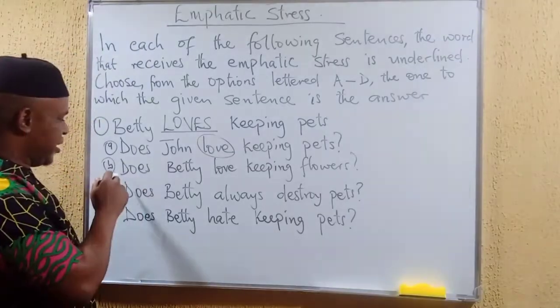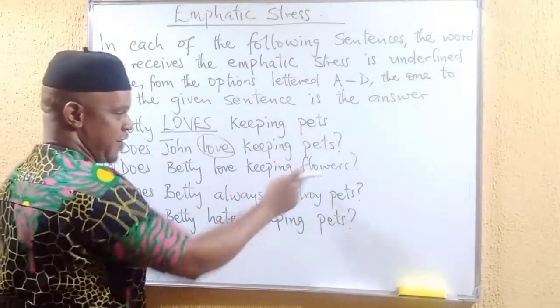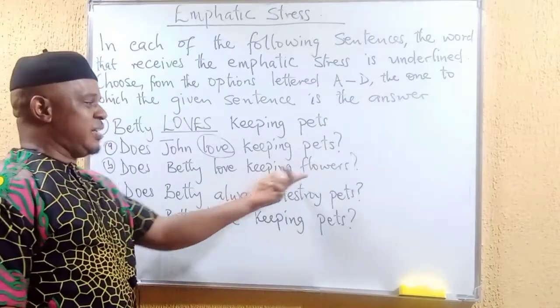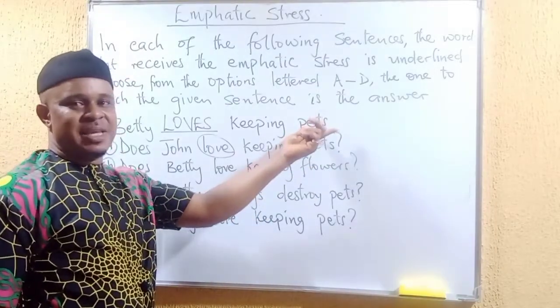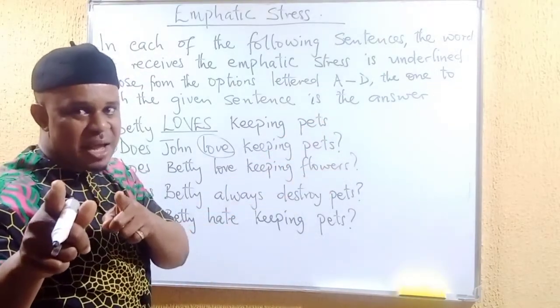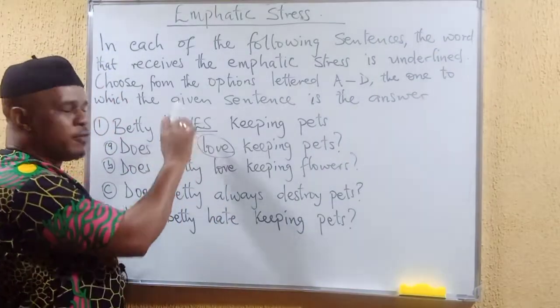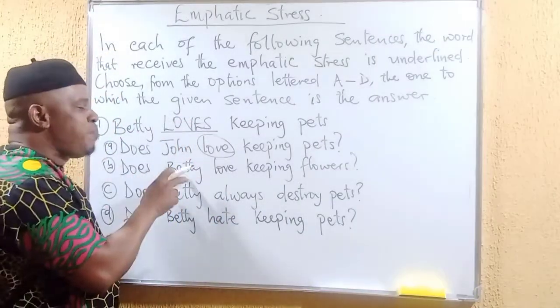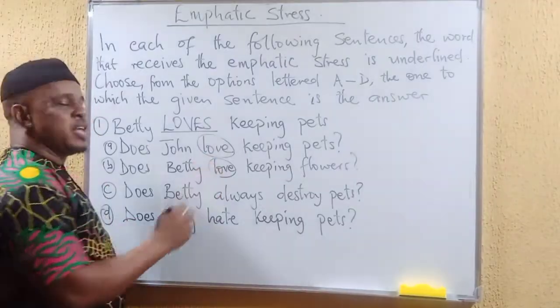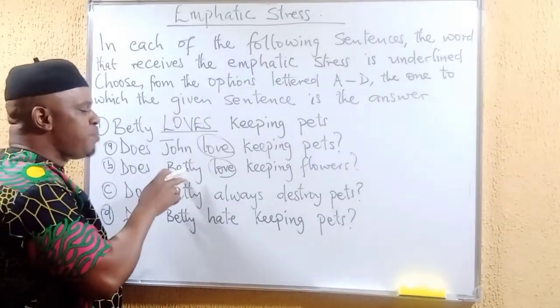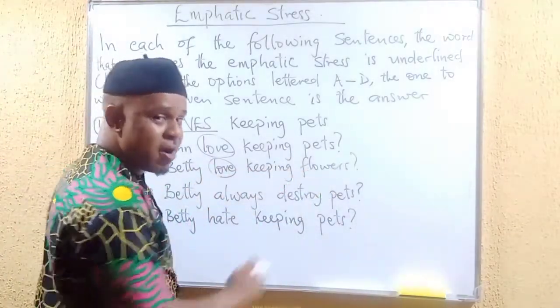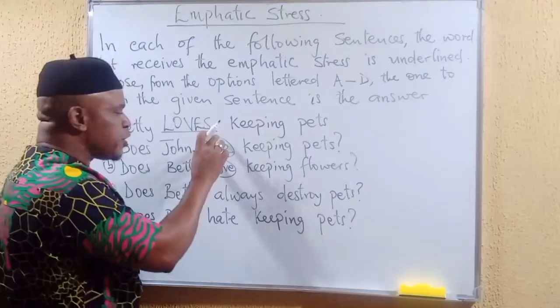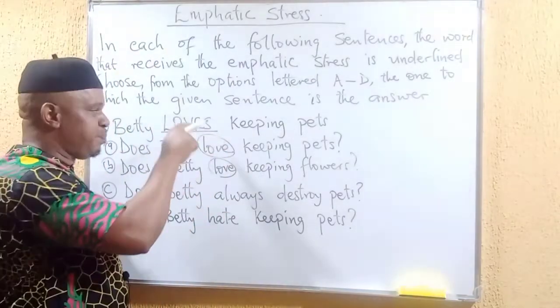Number two, does Betty love keeping flowers? Now you see a different thing is mentioned, pets and flowers. It doesn't matter. What matters is the love. Focus on the love. Does Betty, the same love has been emphasized here. So the first one expressed the same love.